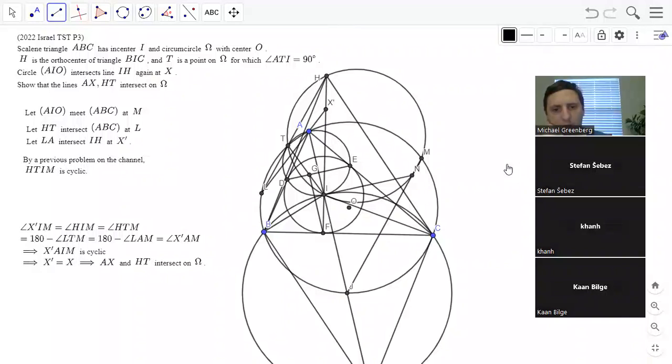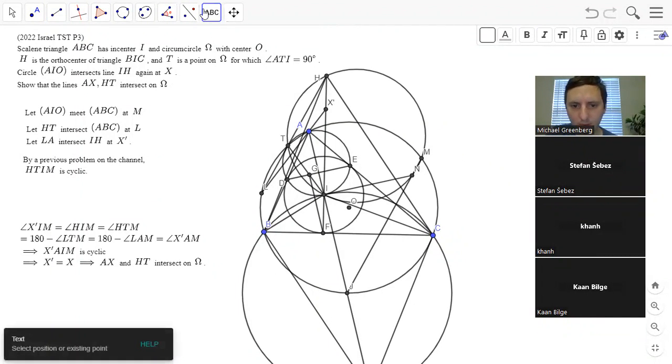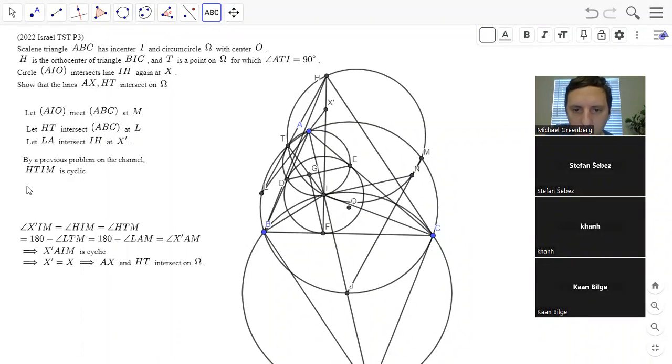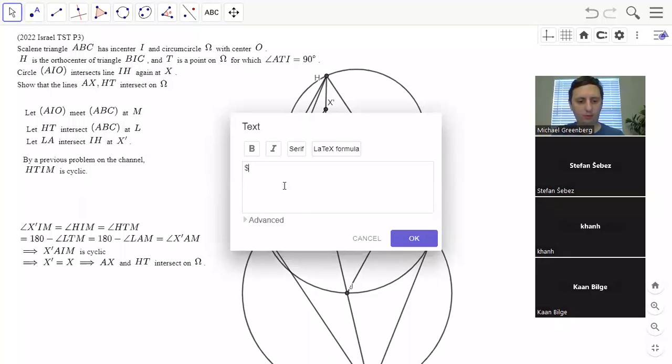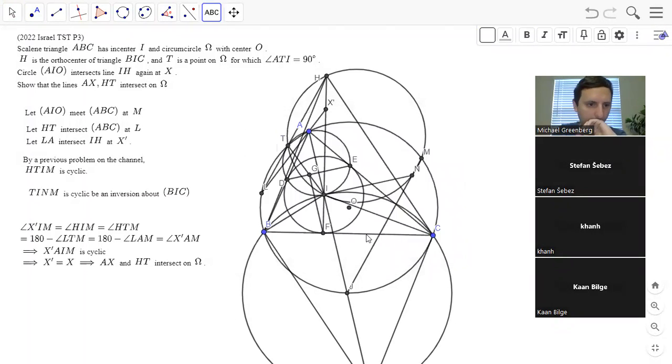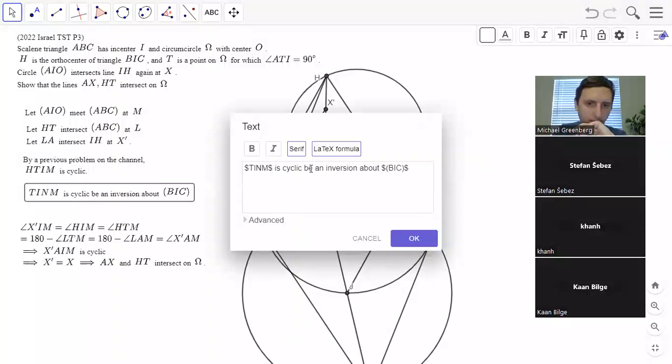I claim that TINM is cyclic. That is because when you do an inversion about circle BIC, you will see it immediately. So TINM is cyclic by an inversion about BIC.